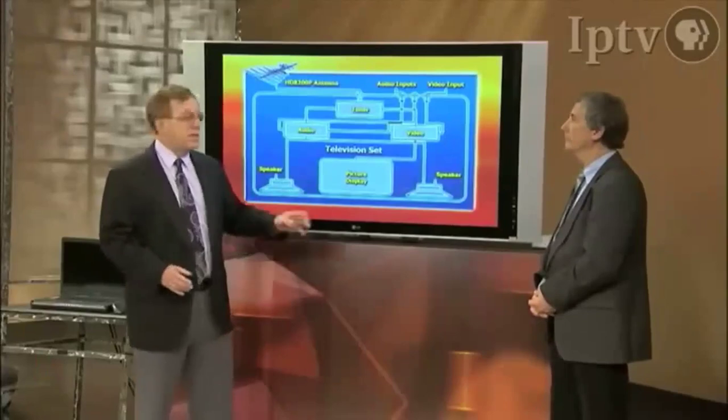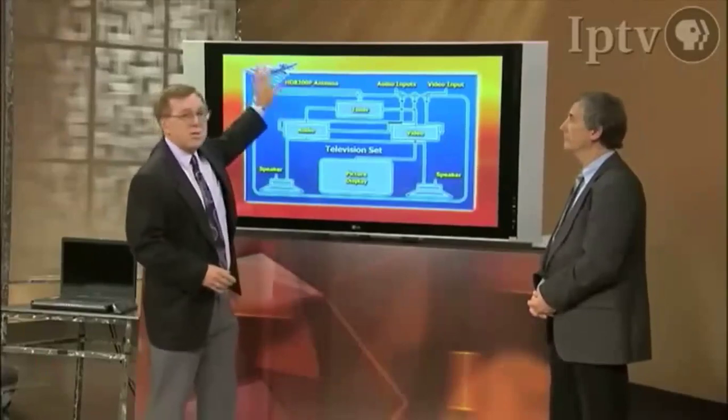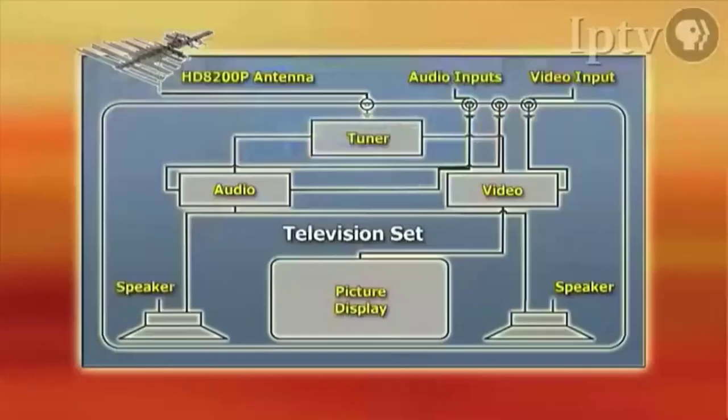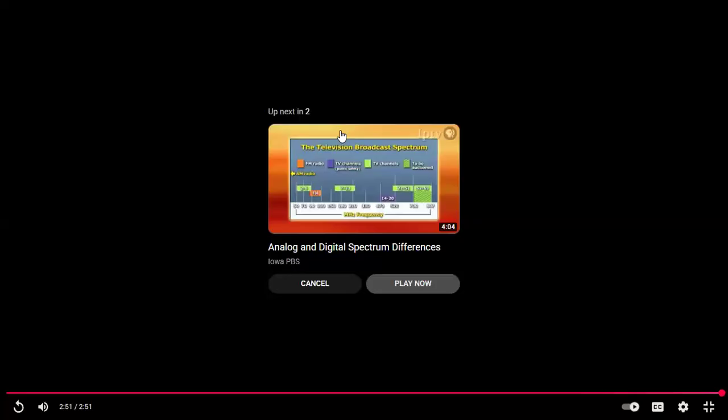The only thing that's changed is that there are no longer analog services being delivered to this antenna, and this tuner doesn't know what to do with the digital-only services that are available. That's just about it for the differences between the analog and digital transmission.